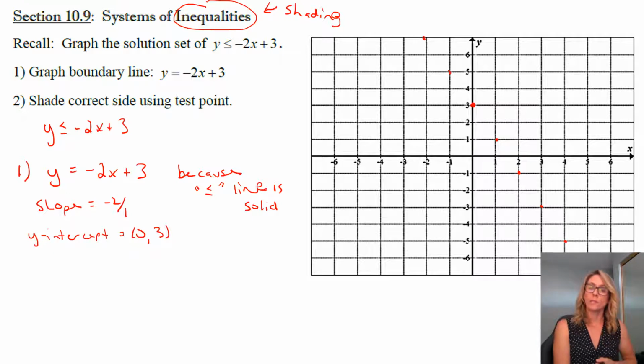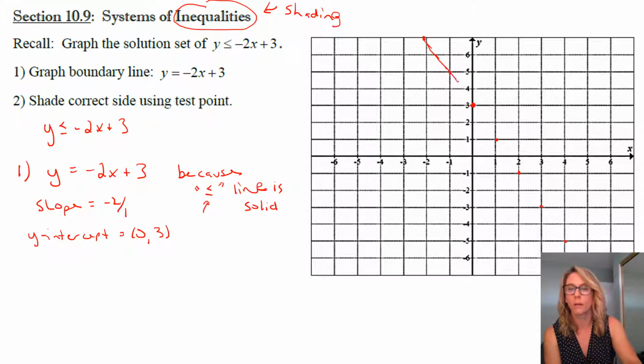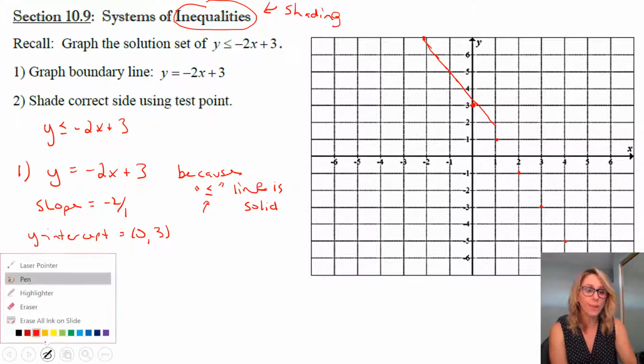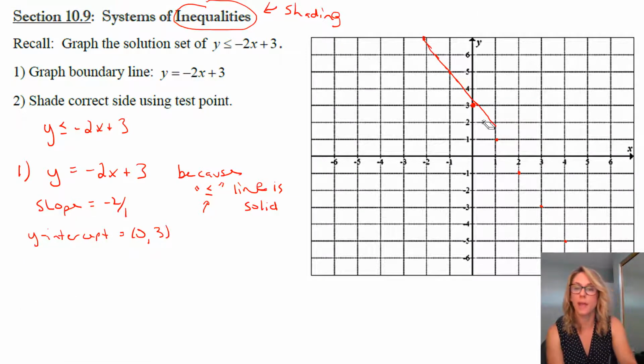Then what I was saying before is, because we have an equal to sign, because equal is part of our inequality, the line is solid. And that's because any point that's on this line is going to make this inequality true. So because of that, we make the line solid to say, hey, this line is included.